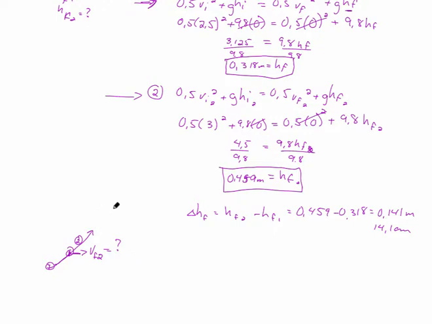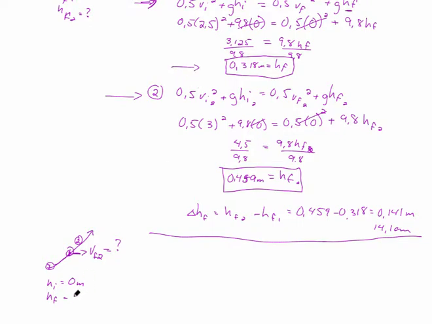So I'm going to start by just rewriting what I have to work with, and then I'm going to use my equalities. So the mass, I don't have the mass, but I don't need the mass. The initial height hasn't changed. It's still 0 meters. The final height though is the height of my lowest ball, this one here.